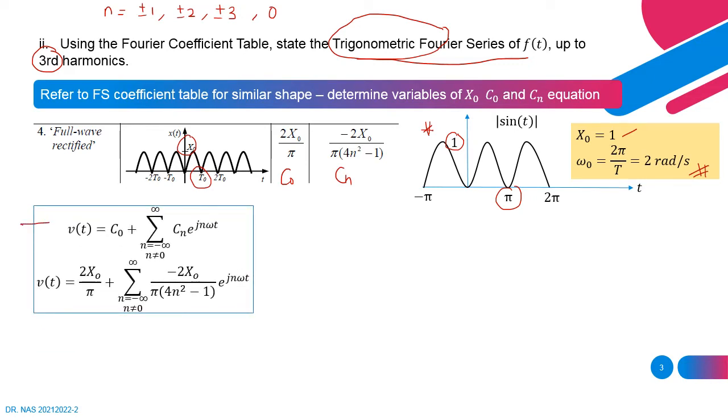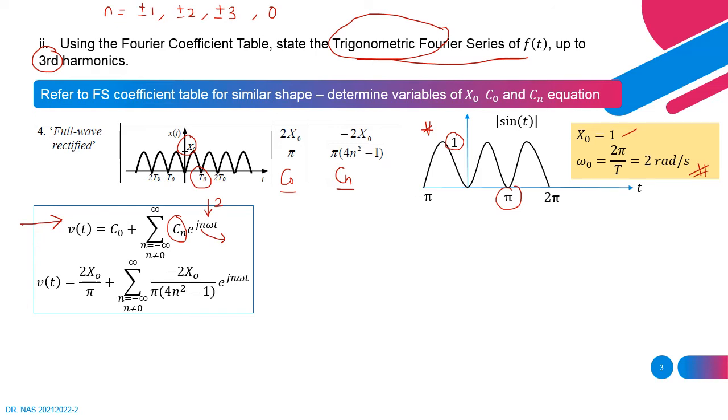Next, remember the basic equation of the exponential Fourier series. It is C0 plus the summation of Cn, the coefficients, e to the j n omega t. In this case, your omega equal to 2 radian per second, and n varies from 1 to 3. Then you need to look at your C0 and Cn equation.